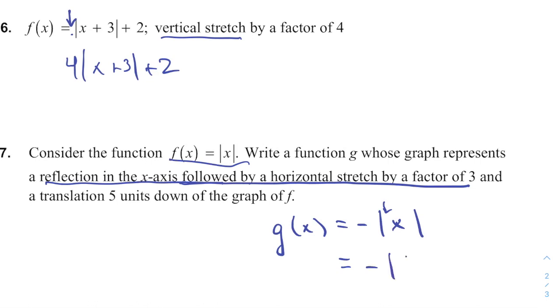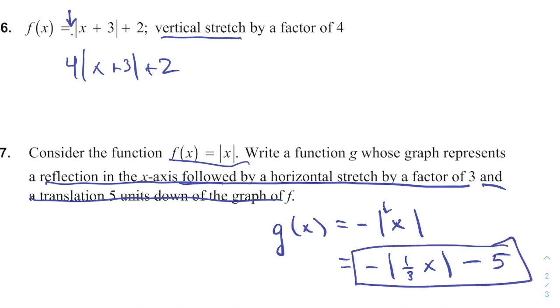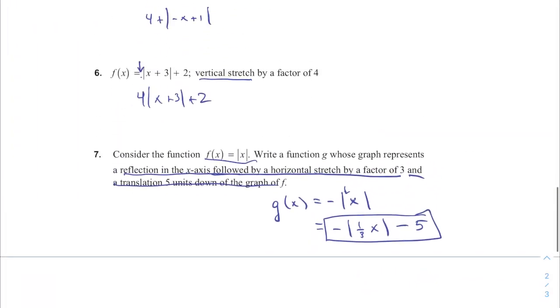So it's negative, and usually you'll see it written like this, 1/3 x, or you could put x over 3. And then a translation of 5 units down simply is -5 tacked onto the end. And there is your function. That will be an absolute value function that is reflected across the x-axis, stretched by a factor of 3, and translated 5 units down. So that is it.